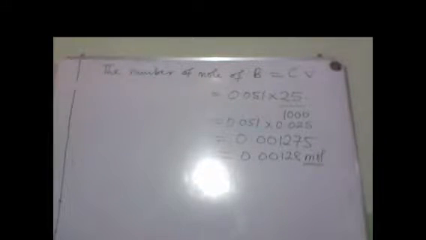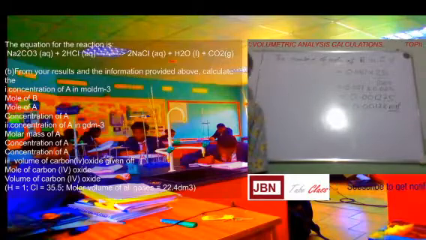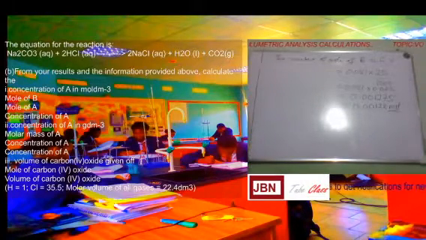So we have gotten the mole of B, and that is what we have as 0.0128. What we need to do right now is to use this and calculate the concentration of A in mole per dm cube. How do we do that? Let's look at it.